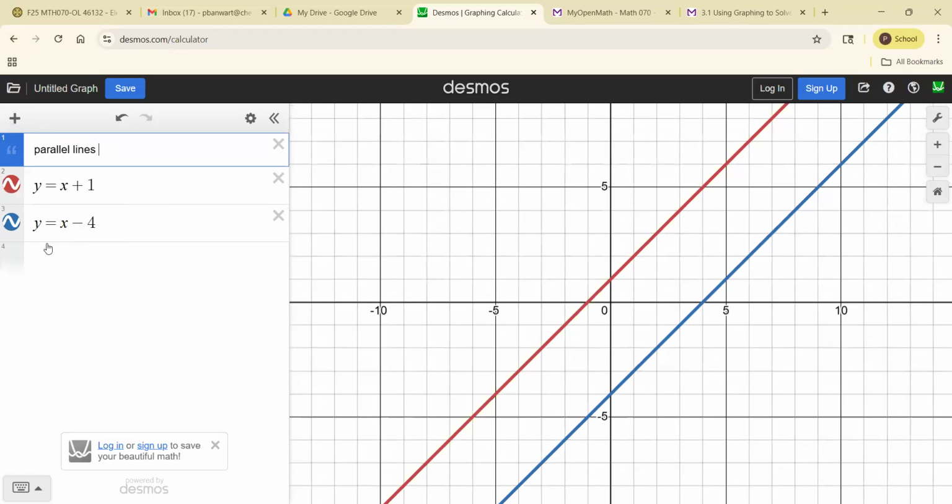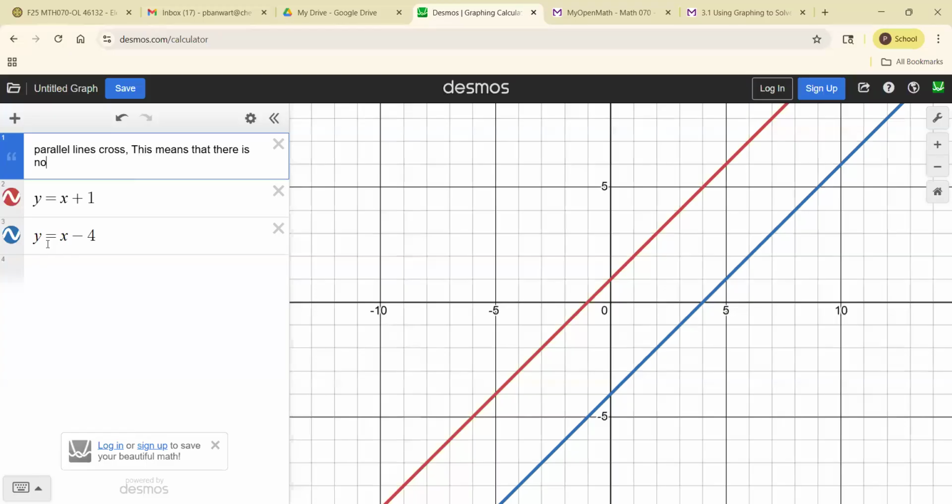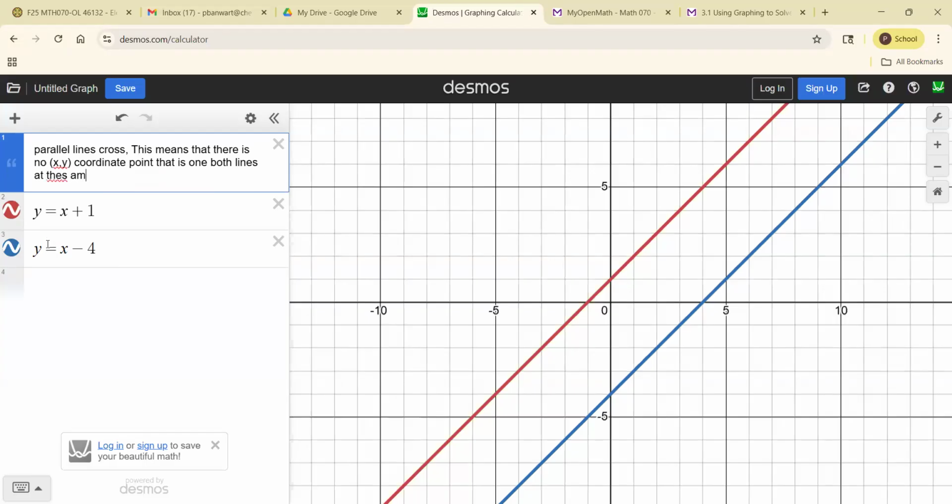Parallel lines never cross. This means that there is no x, y coordinate point or ordered pair that is on both lines at the same time.